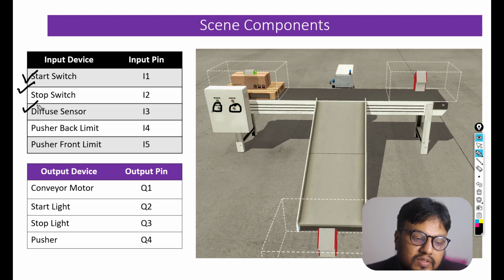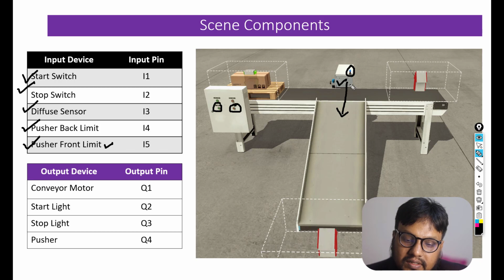We have a diffuse sensor. The diffuse sensor is connected with our pusher top and will sense the height of the box. Then we have the pusher back limit and front limit. These two sensors are connected with this pusher device. Once this pusher arm extends to the highest limit, the front limit is turned on, and when it rolls back and goes all the way down, the pusher back limit turns on.